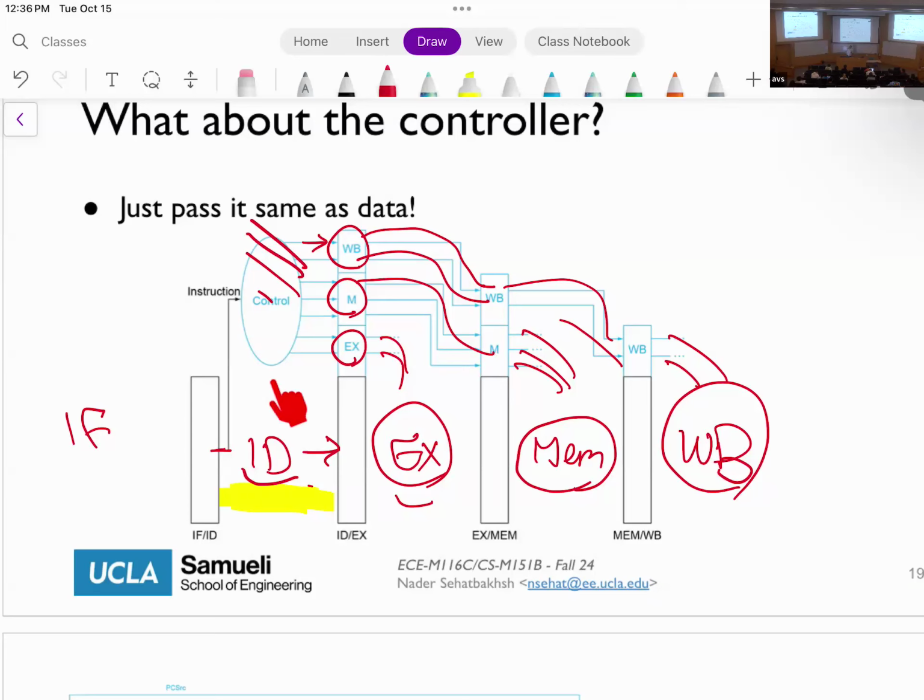When it goes to execution, all the control signals go with it, and some are used during execution. Then the instruction goes to memory, and I carry all the control signals with it as well. This way, I always have my control signals with me and can use them whenever I want to.